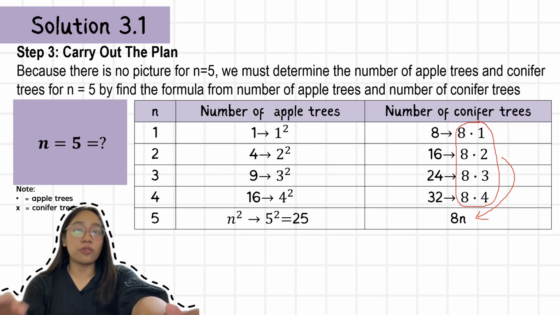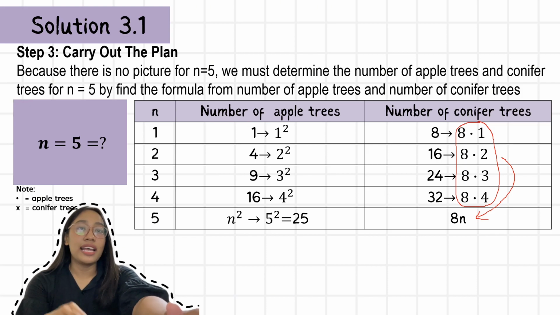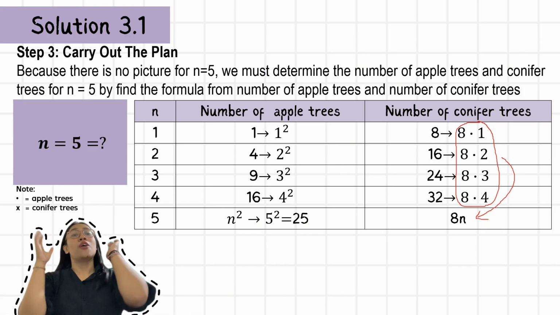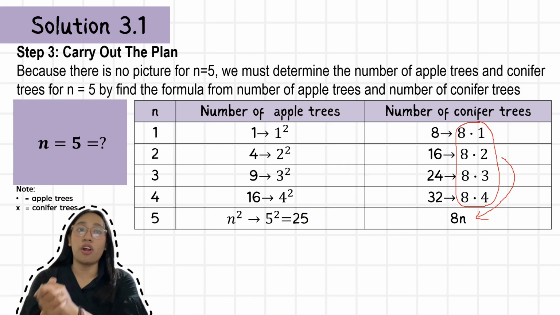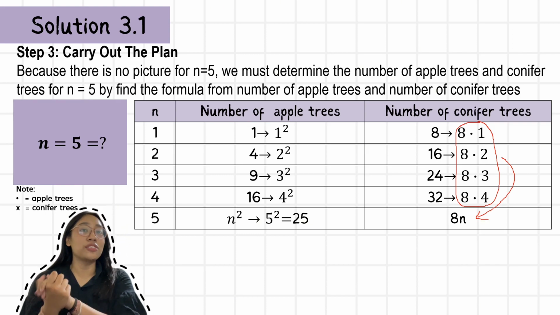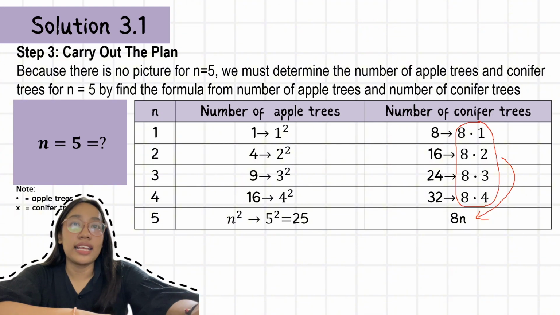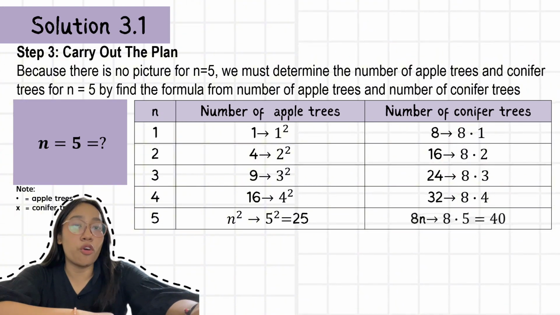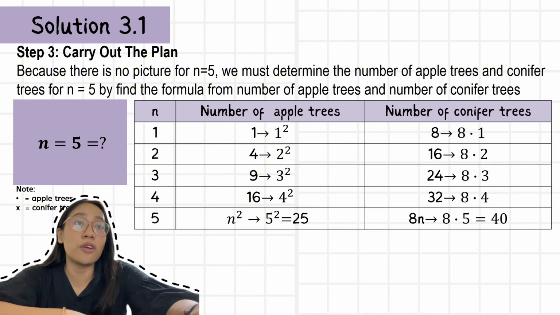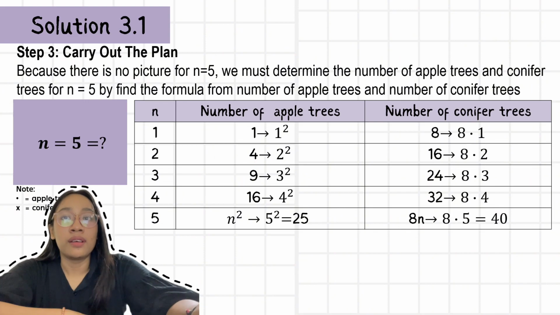And then n is equal to 4, we get 32, it is the same as 8 times 4. So from that, we get the formula of the number of conifer trees is equal to 8 times n. So we can get the number of conifer trees for n is equal to 5 is equal to 8 times 5 is equal to 40.